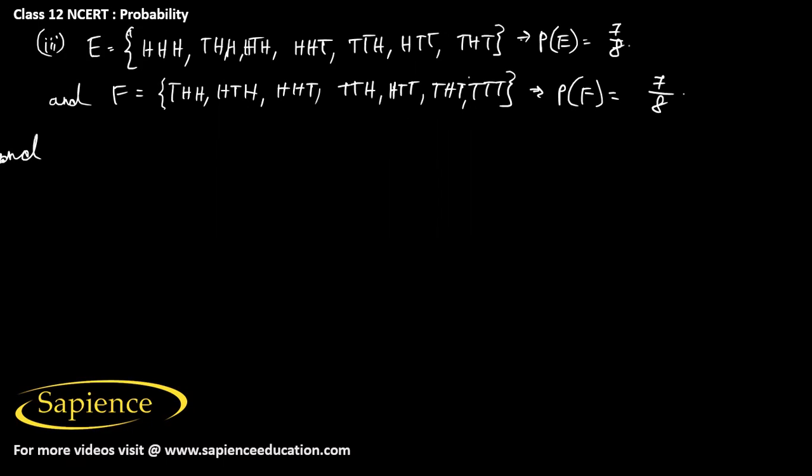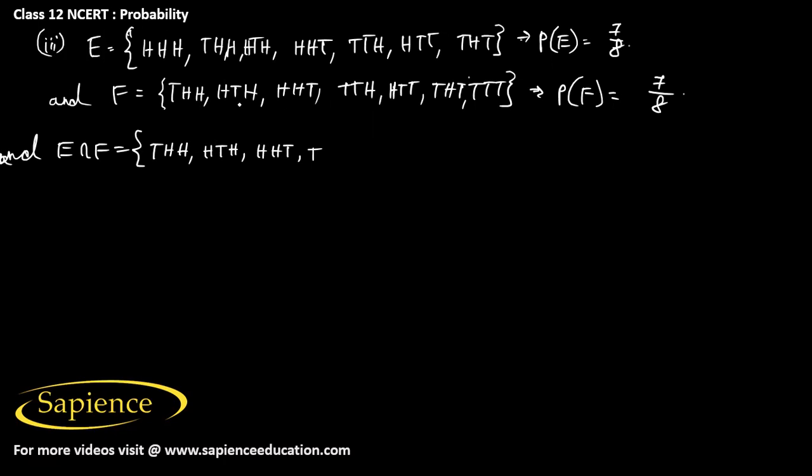And then we need to find the event E intersection F. So we have to find the outcomes which are common in these two events.